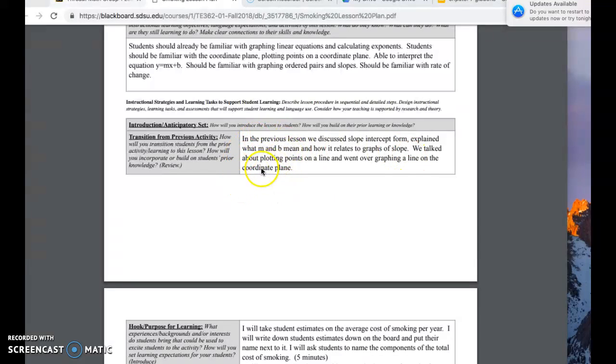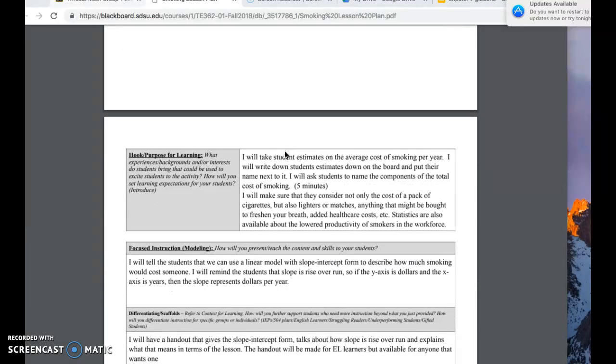So the m is the actual slope of the line, and b is the y-intercept. And the purpose of this learning is to estimate the average cost of smoking per year, seeing how many purchases correlates with the amount of money that you will spend.